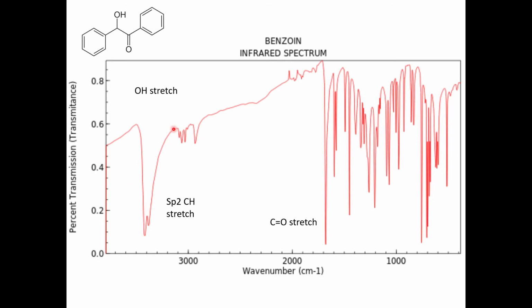It should be broader, but this is the alcohol. This is our sp2 hybridized hydrogens. This is our sp3 hybridized hydrogens. Finally, all we're left with is our carbonyl group, which shows up around 1700, which you can clearly see right here. So from analyzing the IR spectrum, we can easily see that we do have our benzoin.